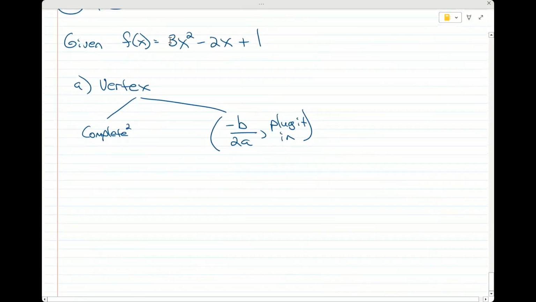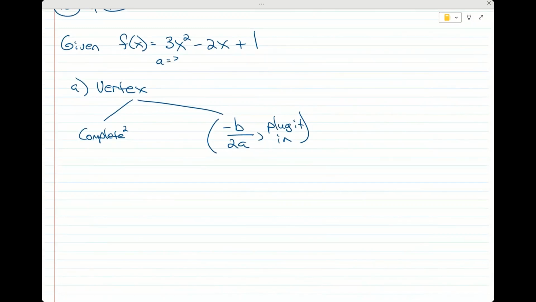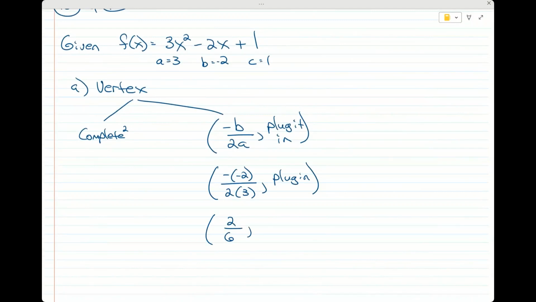So using negative b over 2a, a is 3, b is negative 2, and c is 1. So the opposite of b would be the opposite of negative 2, all over 2 times 3, which is just 2 over 6, or 1/3.